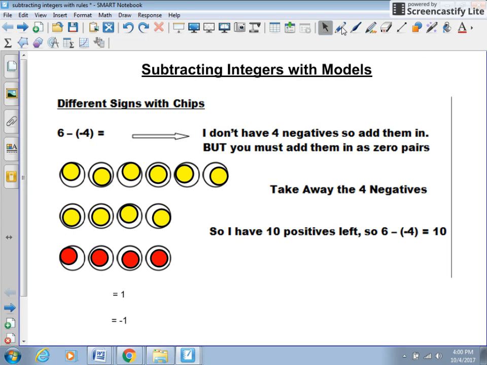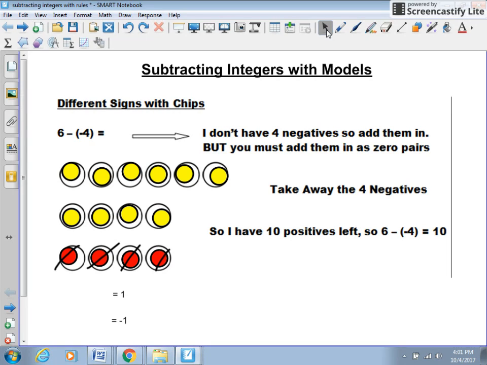But now what I do have is 4 negatives to take away. So I can take away 1, 2, 3, 4 negatives. And what I'm left with are 10 yellow counters, which are 10 positives. So my answer to 6 minus negative 4 equals 10.